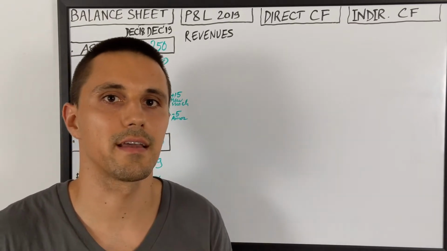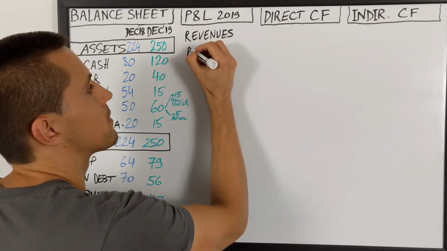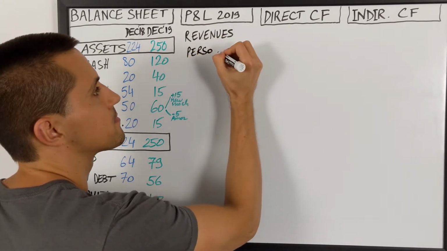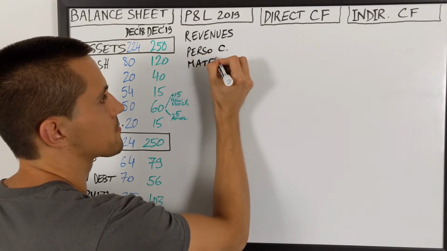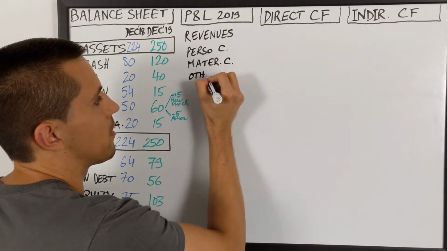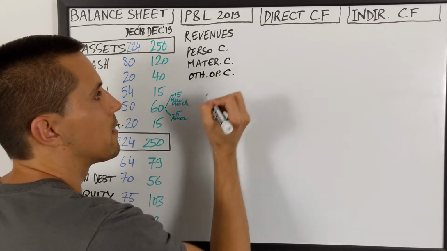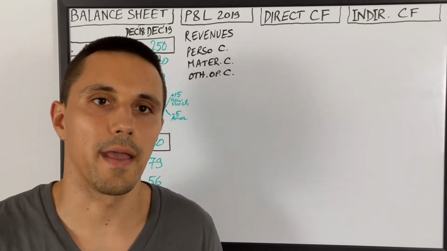So we have 3 categories of operating costs. Usually we have personnel costs, we have material costs, and we have other operating costs. Personnel cost, I think it's pretty straightforward. It's basically the payroll cost.